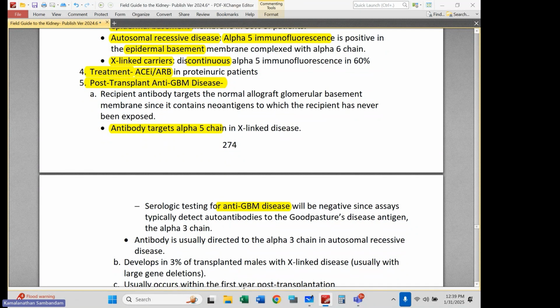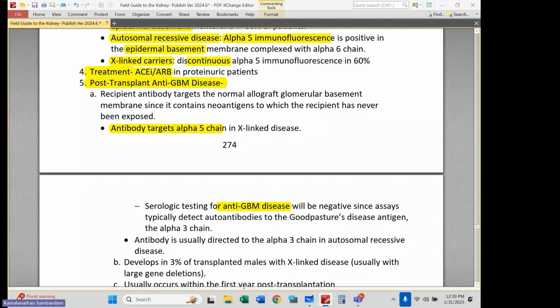Now, when you check for anti-GBM antibodies, it is typically done through an ELISA to that alpha 3 gene product, okay? The so-called non-collagenous domain of alpha 3 collagen, okay? So your anti-GBM antibody is likely to be negative, all right?